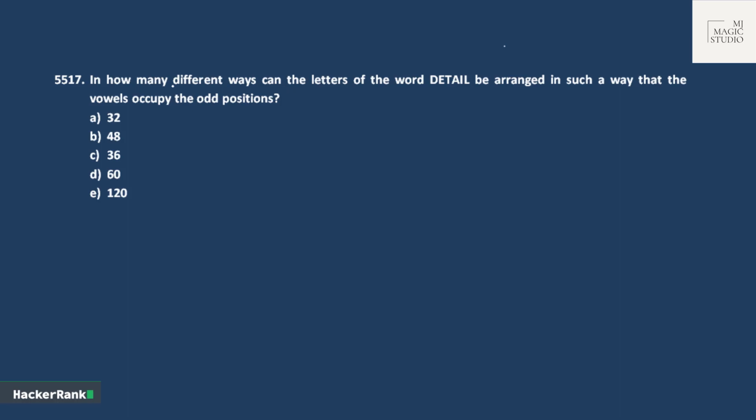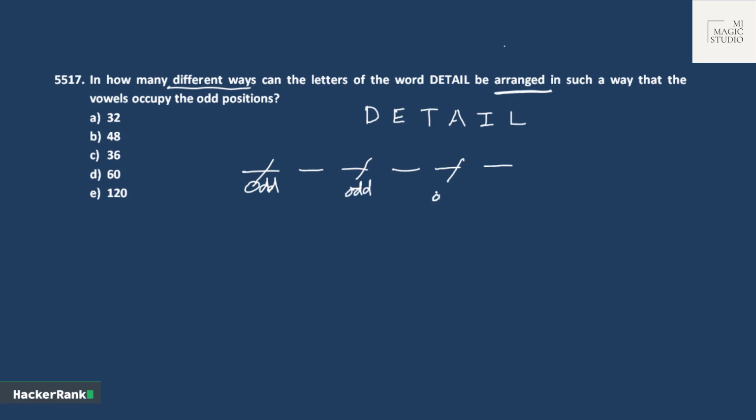In how many different ways can the letters of the word DETAIL, D-E-T-A-I-L, be arranged? Arranged means permutation, in such a way that the vowels occupy the odd positions. We have got 1, 2, 3, 4, 5, 6 positions. Out of these, this one is an odd position and this one is an odd position.